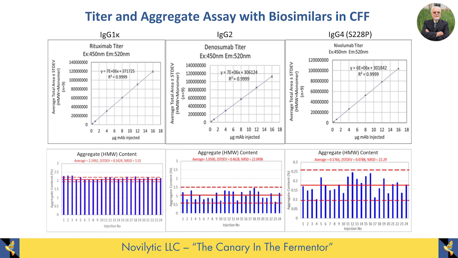Here I told you that you can assay different forms of antibodies, and it turns out in monoclonal antibodies they're called immunoglobulin G types, but there's type 1, 2, and 4. It shows that this assay, in fact, works almost identically with all of them.